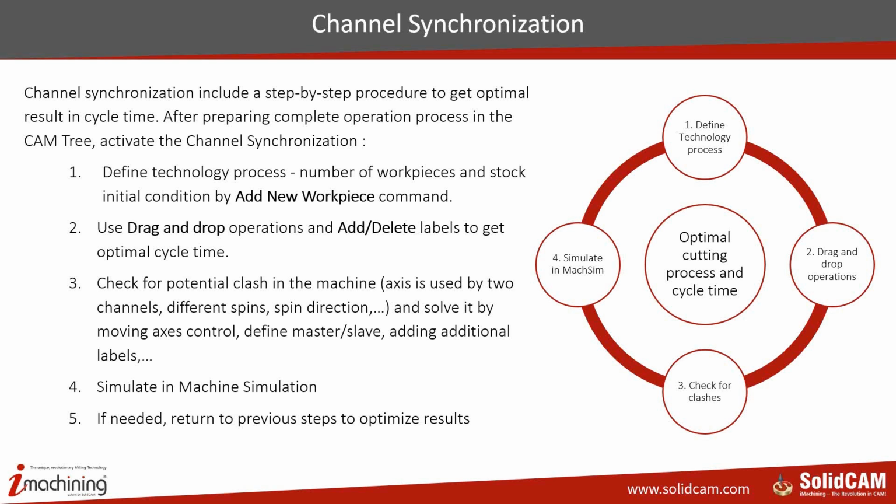Is our drive unit shared? Do we have somewhere different spins and different directions? If a particular channel synchronization is not well defined, SolidCAM will not allow you to generate the G-code. This doesn't mean that you will get a crash on the machine. It will simply happen that the machine will stop because it cannot synchronize things together.